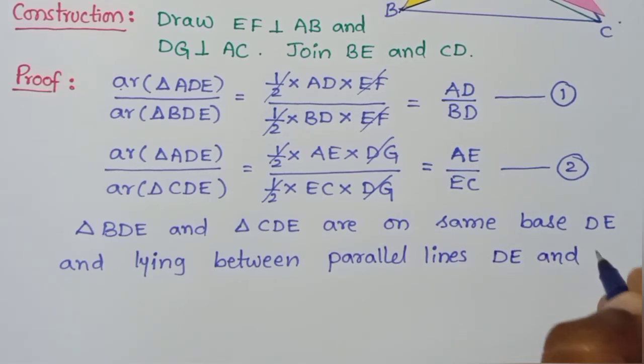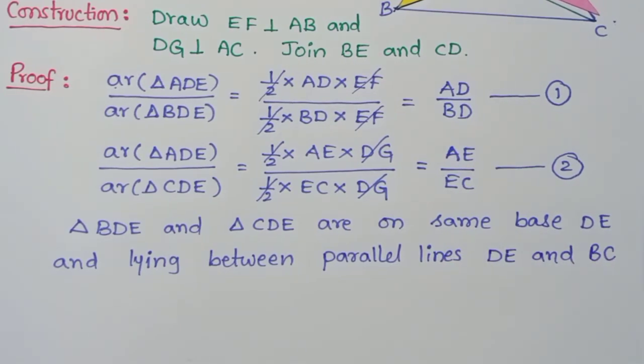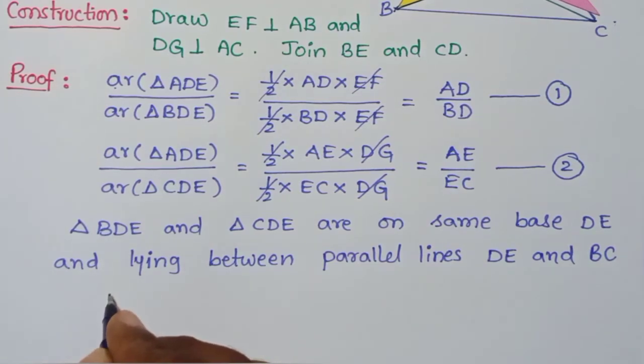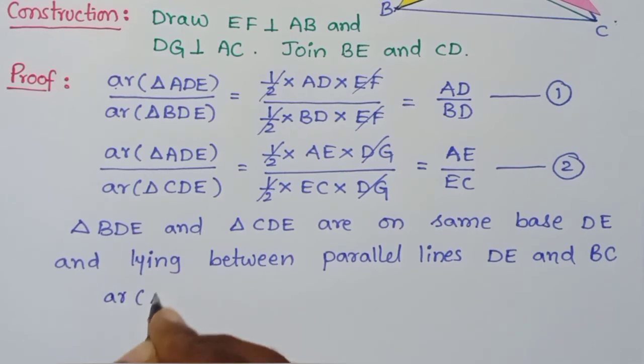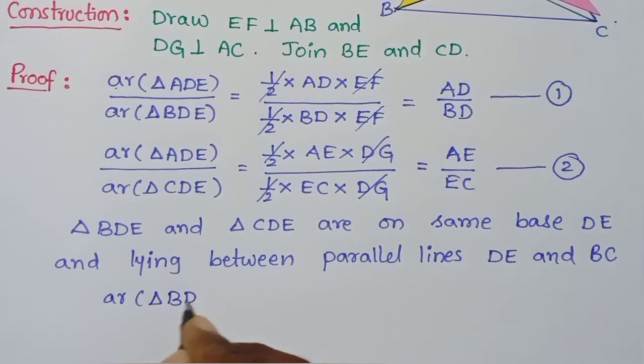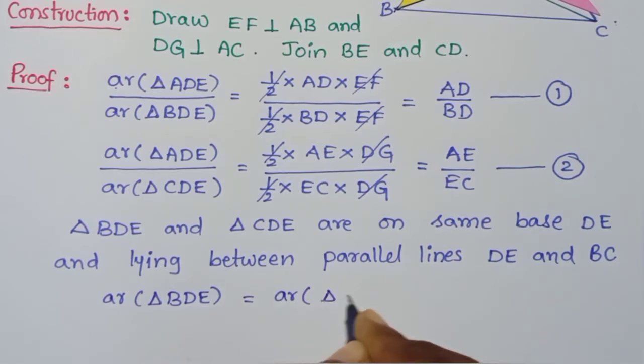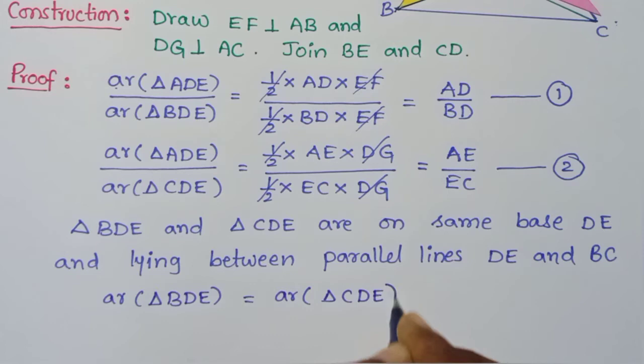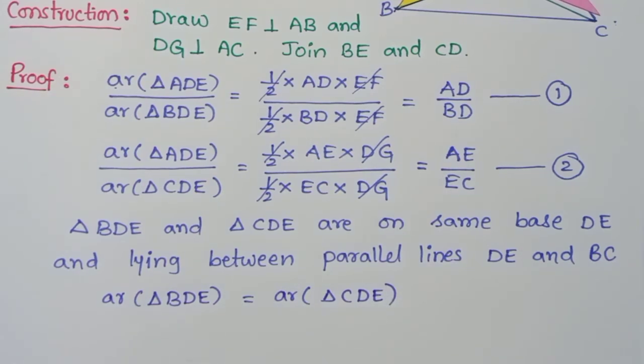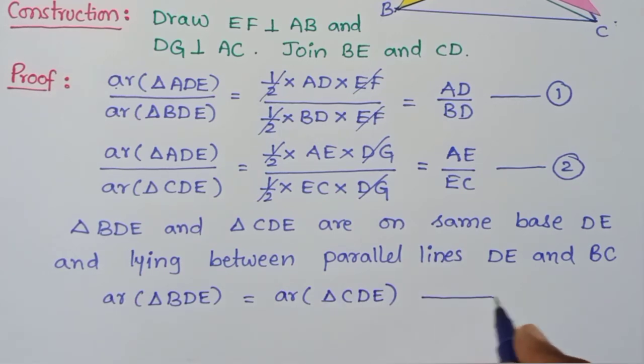If two triangles are lying on the same base and lying between the same parallel lines, then they are equal in area. So we can conclude here, area of triangle BDE is equal to area of triangle CDE. This will be the equation number 3.